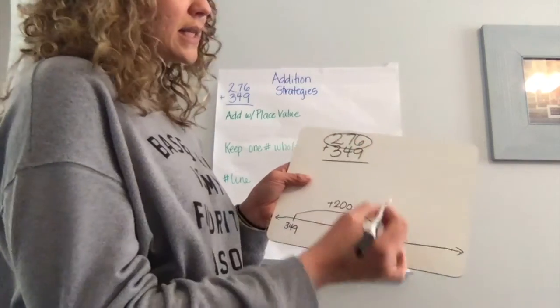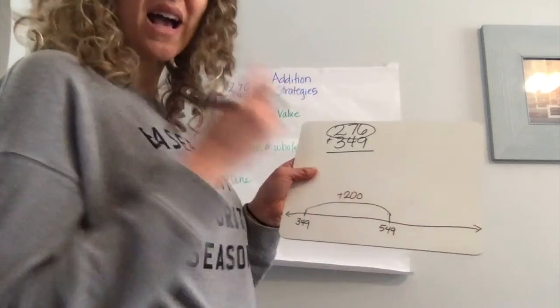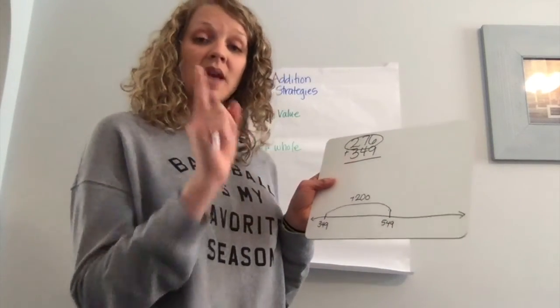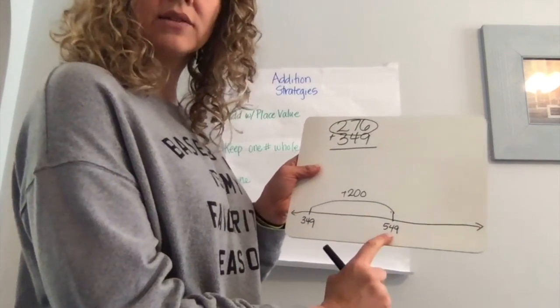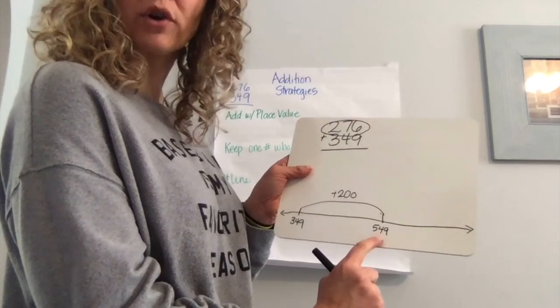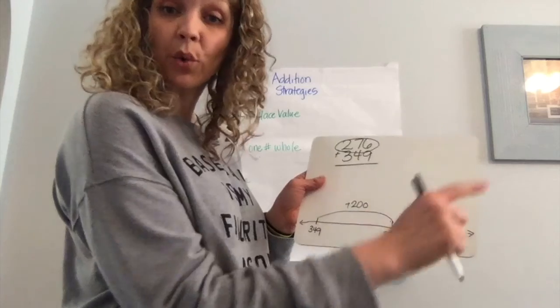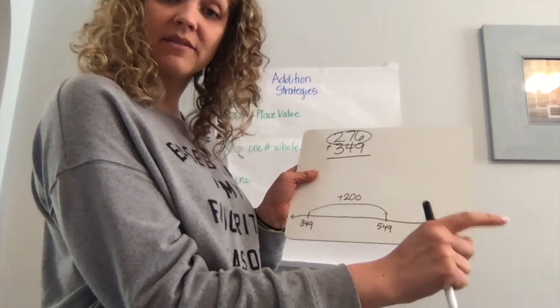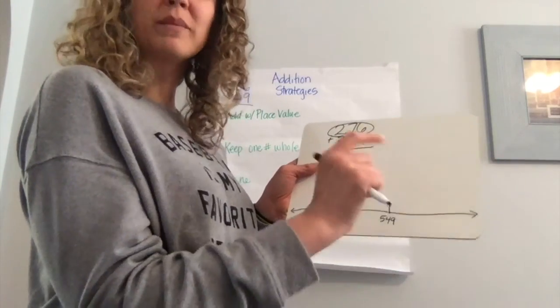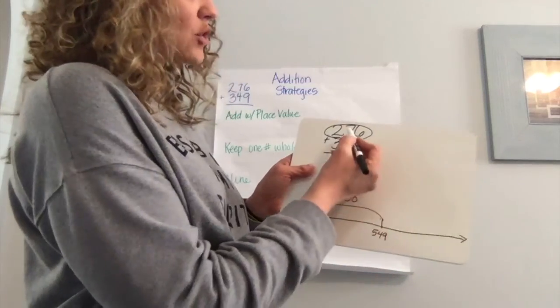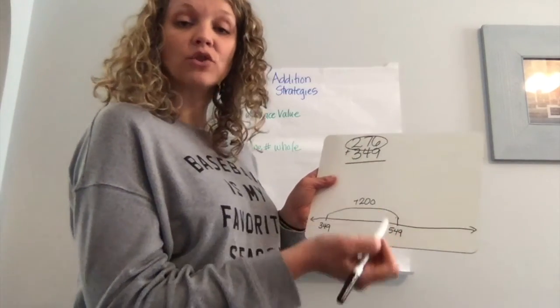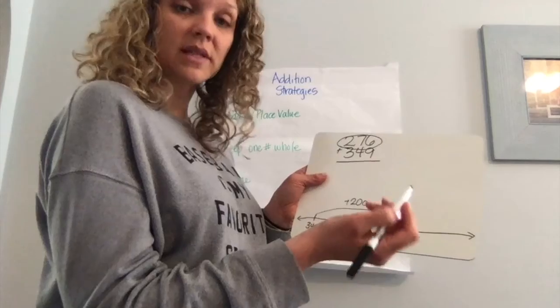Okay, then I need to add 70. So now I'm going to struggle a little bit because adding 70 to this number is going to cause me to cross over another, we call it rounding a corner. So we're going to cross over past the 500s into the 600s. So I'm going to chunk this a little bit more, and I'm going to add 50 and 20 instead of 70 altogether.